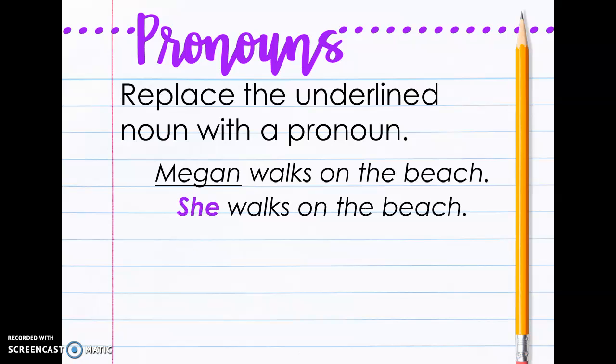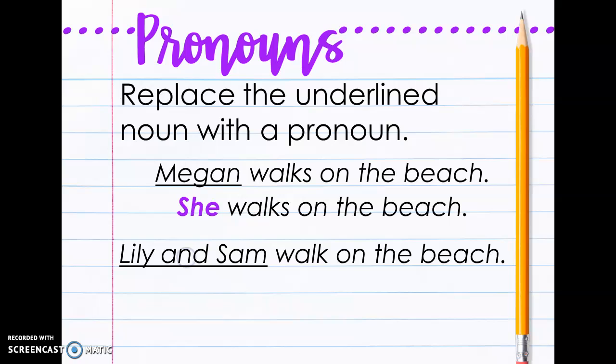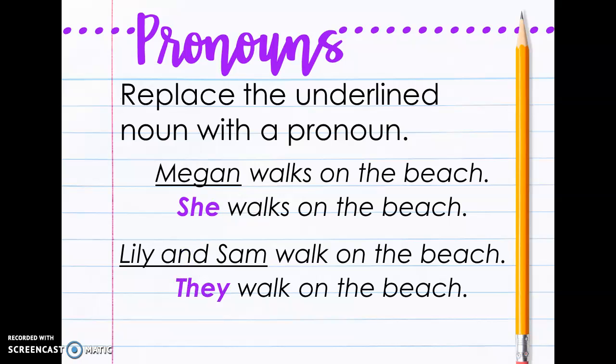She walks on the beach. Lily and Sam walk on the beach. What can we replace Lily and Sam with? They walk on the beach. And I know that my Lily and Sam are probably laughing at that example.